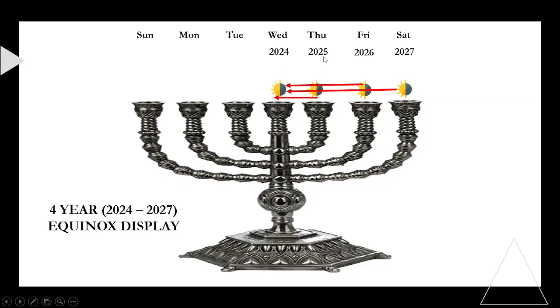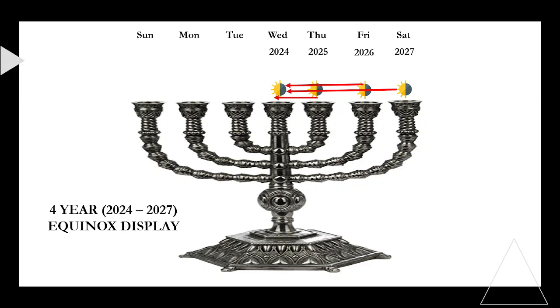In 2025, even though it's on the 20th, it lands on a Thursday, not because the sun shifted to Thursday. No, the sun is still in the same place, but the Roman calendar, the way it operates, has 30 days, sometimes 31 days, sometimes either 28 in one of its months or 29 if it's a leap year.